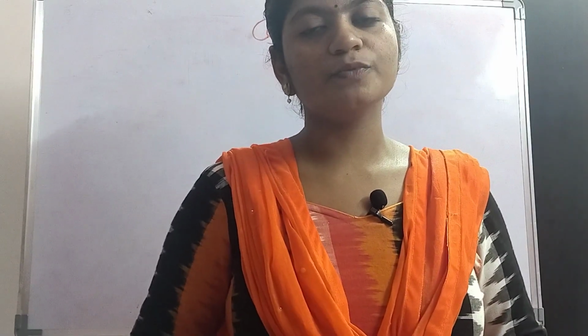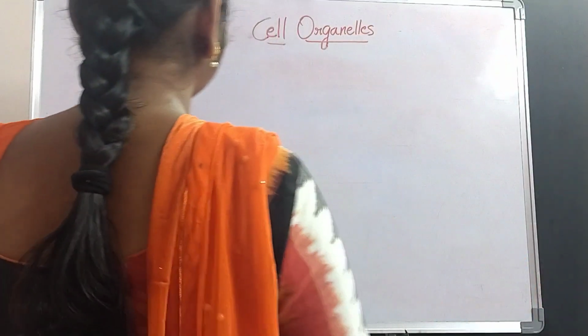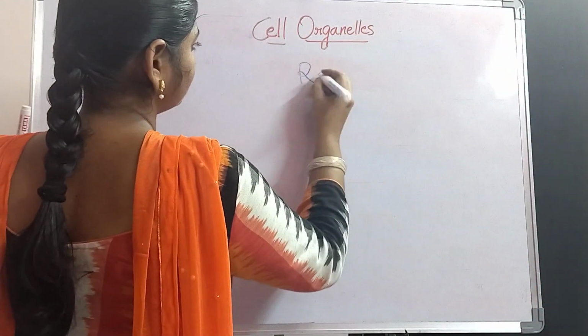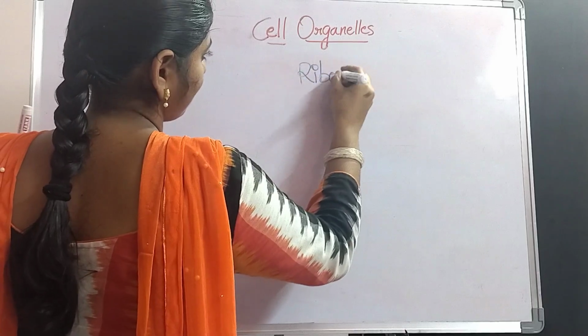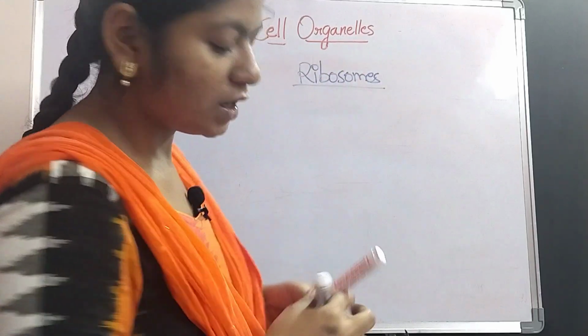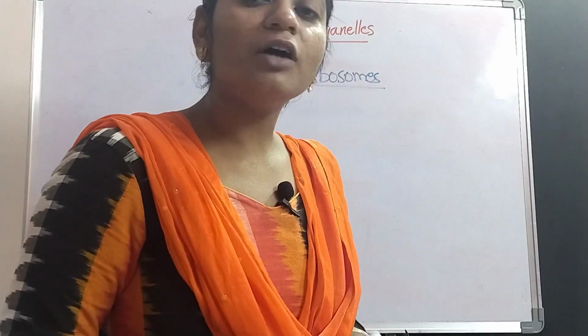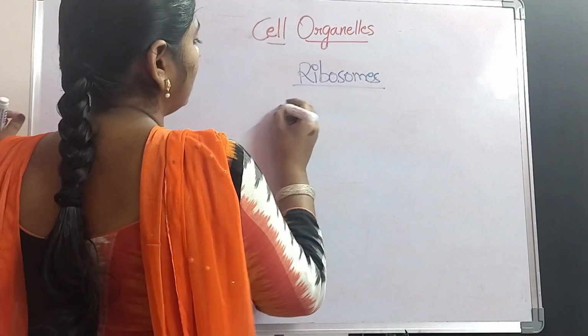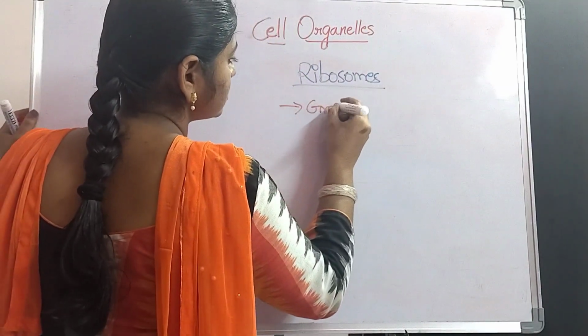And now we are going to discuss another cell organelle which is present in the eukaryotic cell, that is the ribosome. Ribosomes are granular-like structures. They appear as small granules.